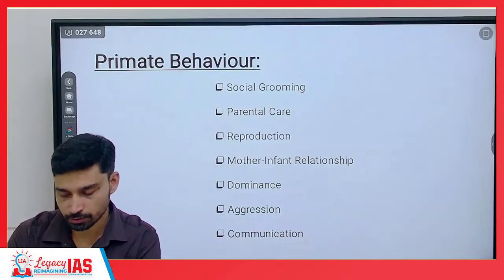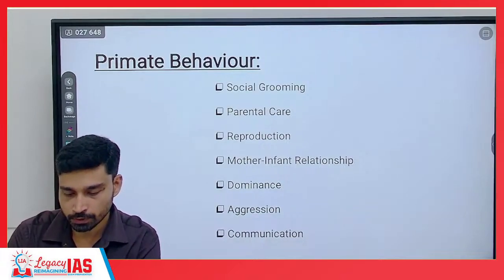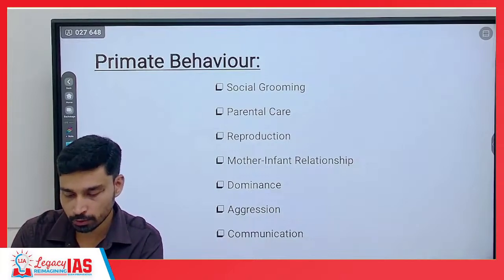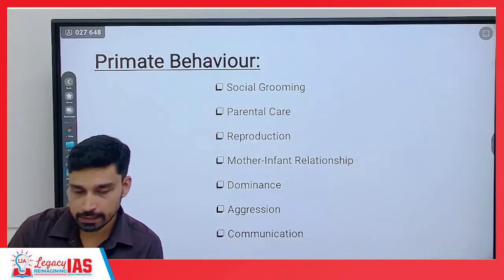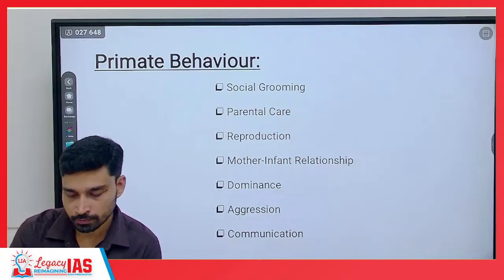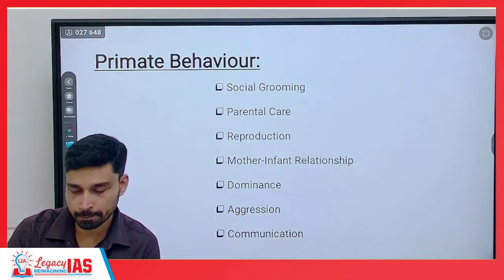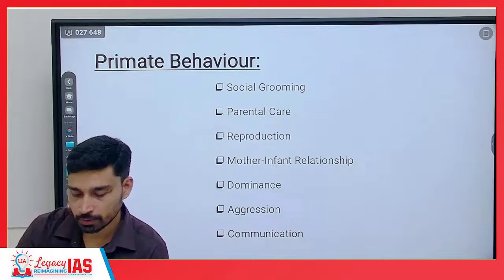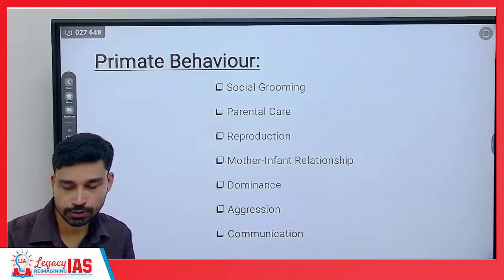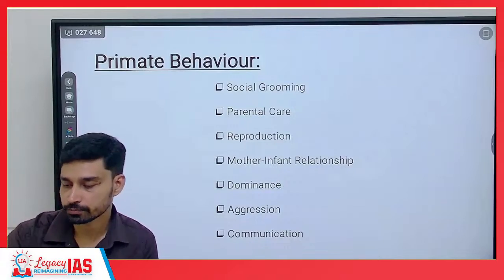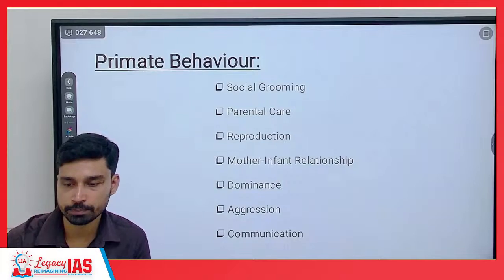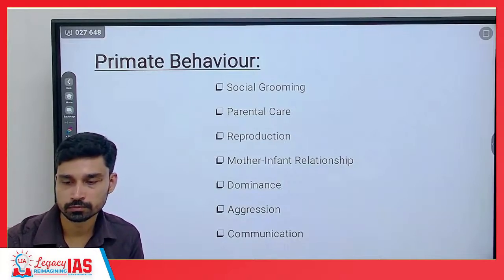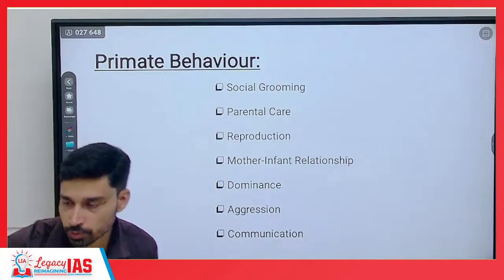So we can write this topic that will start after the comparative anatomy, and write about the skeletal changes due to erect posture and its implications. So that will start after the break.